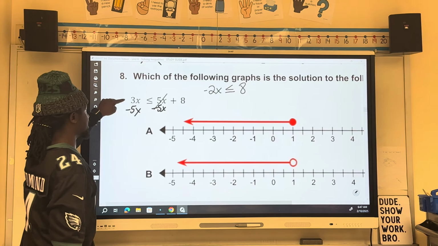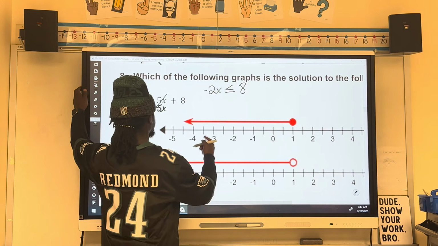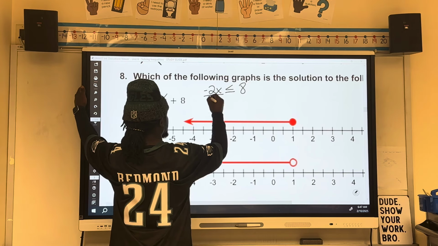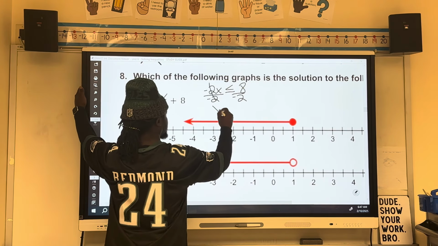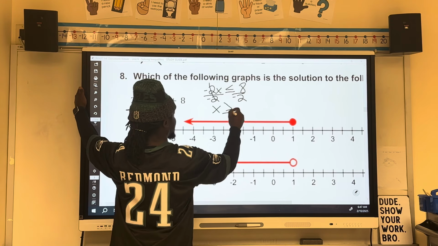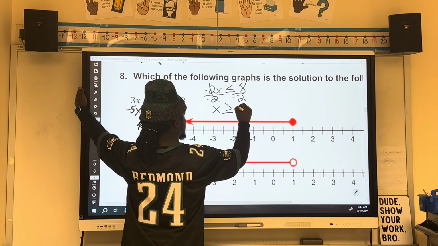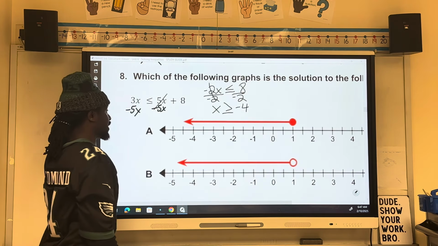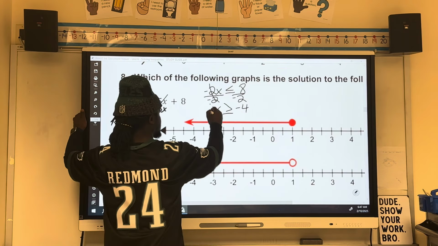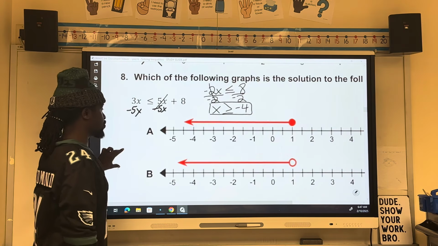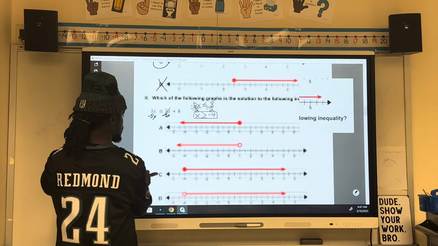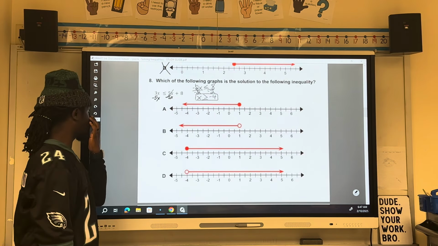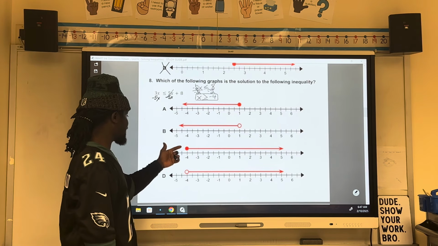Because 3 minus 5x, all right, that gave me a negative 2. Then I'm going to divide by negative 2, divide by negative 2. Negative 2's are going to cancel. X, now I got to flip that sign because I divided by negative 2, is negative 4. Okay, so we got x is greater than or equal to negative 4. All right, so I want to go find the graph where it's at negative 4.